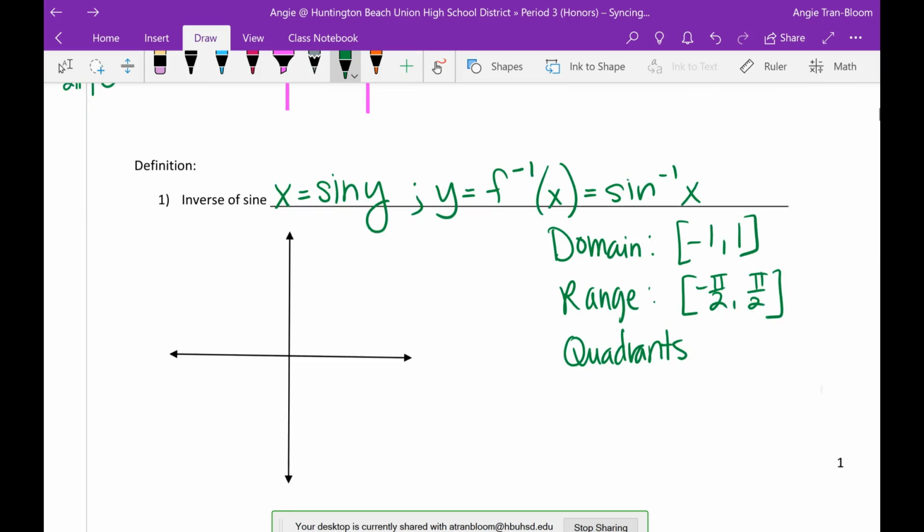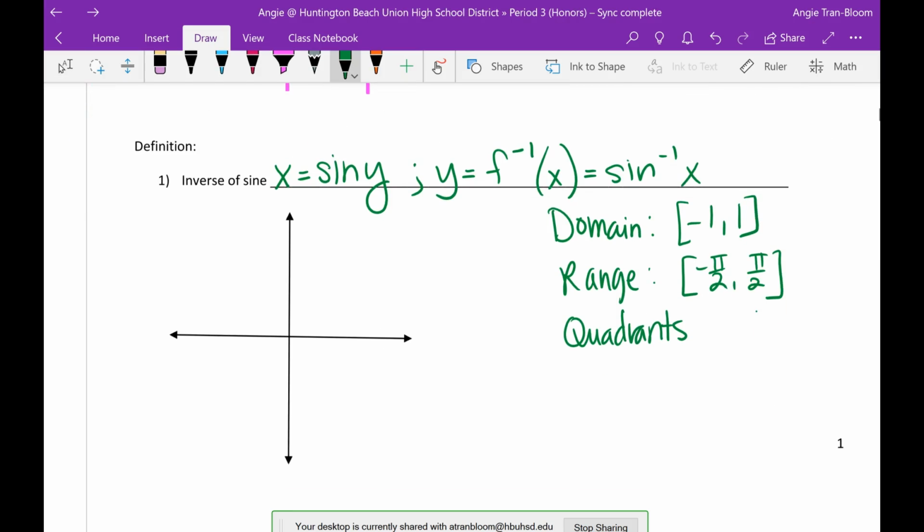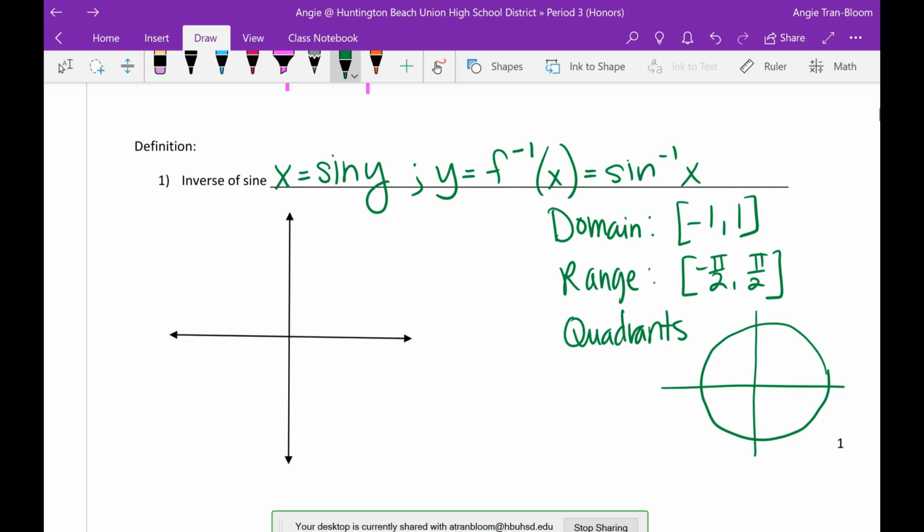Yeah? Let's put that back to the unit circle. Oftentimes I'm going to ask, what quadrants is sine inverse restricted to? What would you say? 1 and what else? 3? Not 3. Remember, it's from negative pi over 2 to pi over 2. Isn't this right here negative pi over 2?